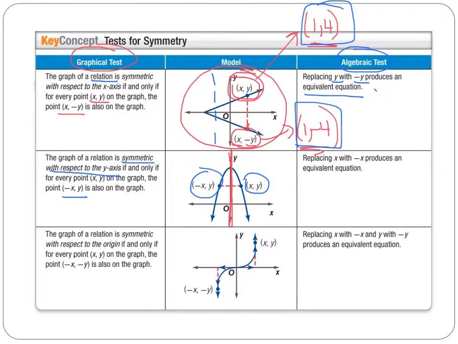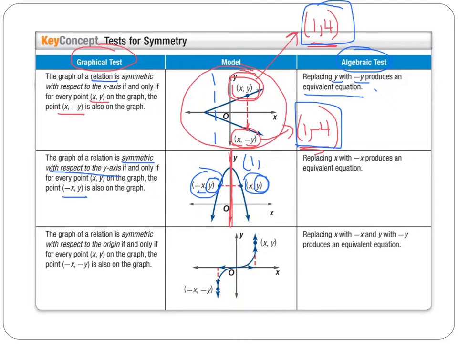If we folded our paper along that line, we would have two equal or mirror images, and what we have here is opposite x values that produce the exact same y coordinate. So our x coordinates are opposites of one another, but our y coordinates are the same.